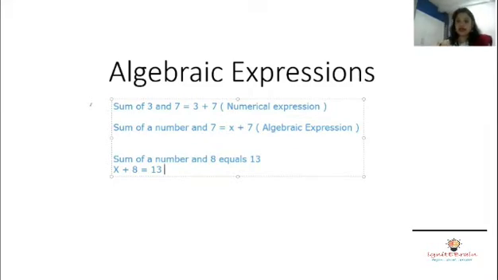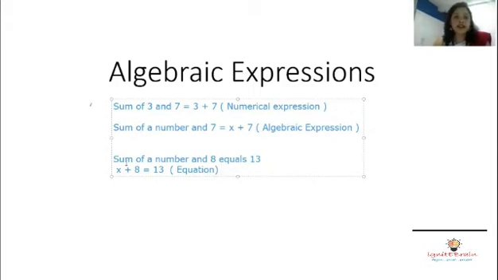Now, this is called an equation. Here we can write it as x plus 8 is equal to 13. As you can see, it has an expression on both sides of the equals symbol, right? So whenever there is an expression on both sides of the equals symbol, we call it an equation.